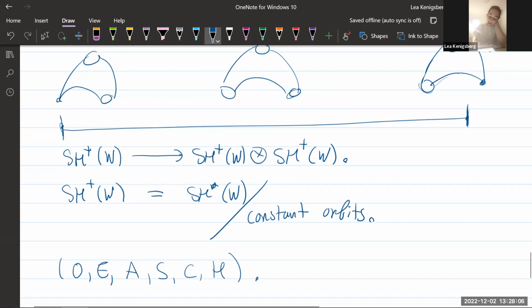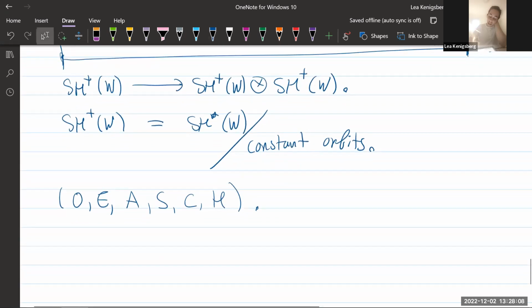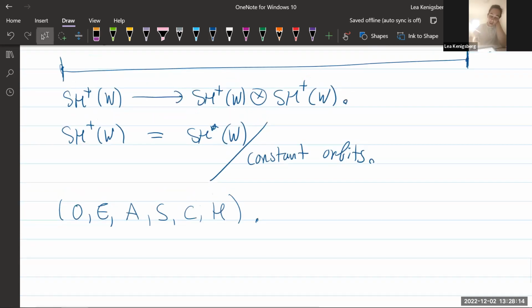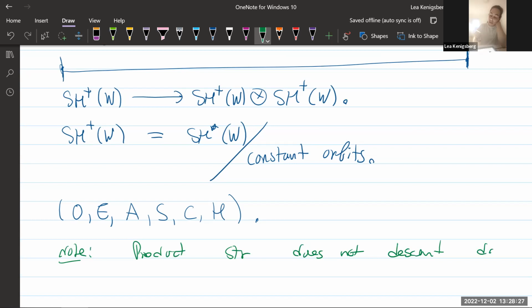Okay, and so the point is that note the product structure does not descend to an operation on SH plus.